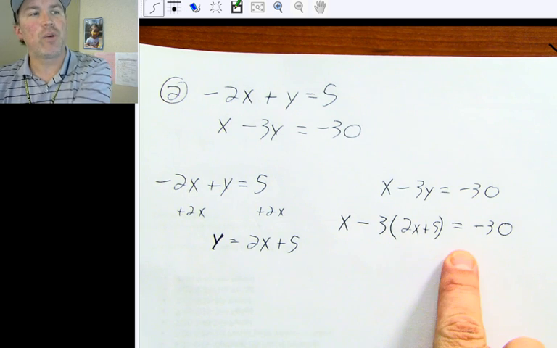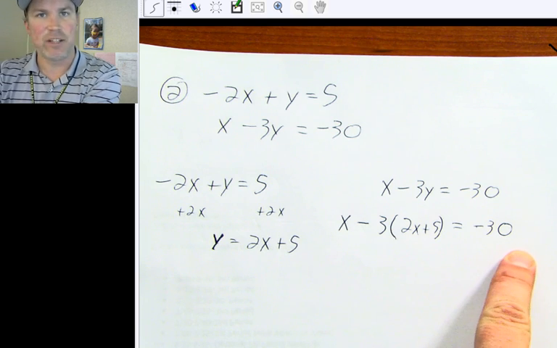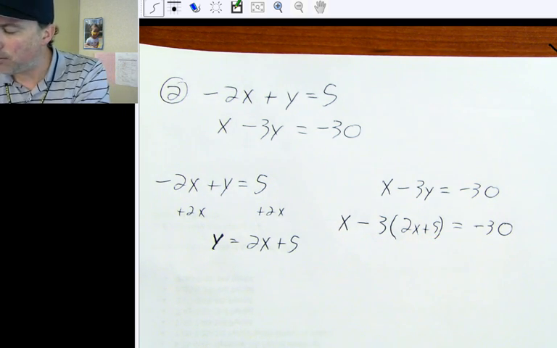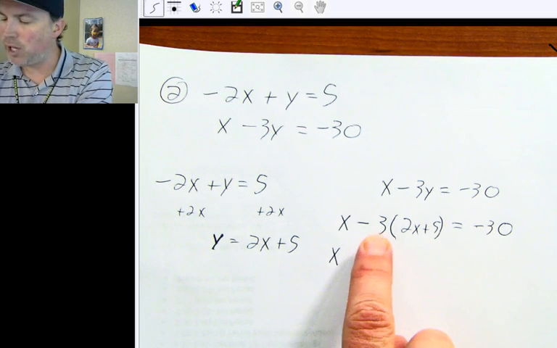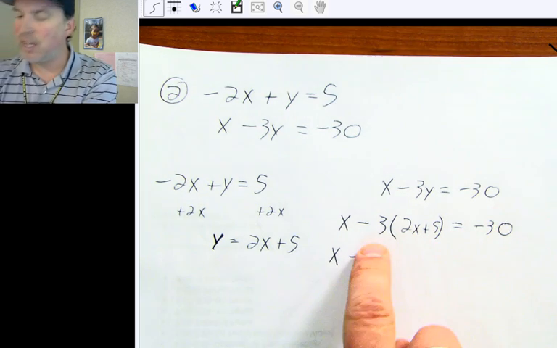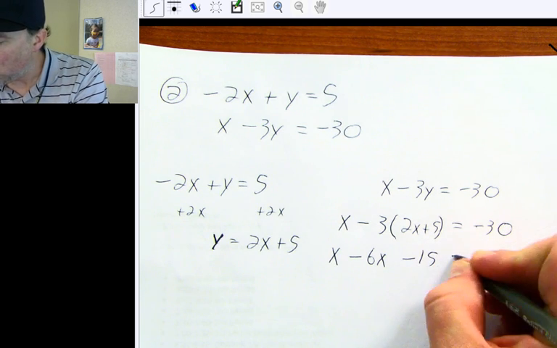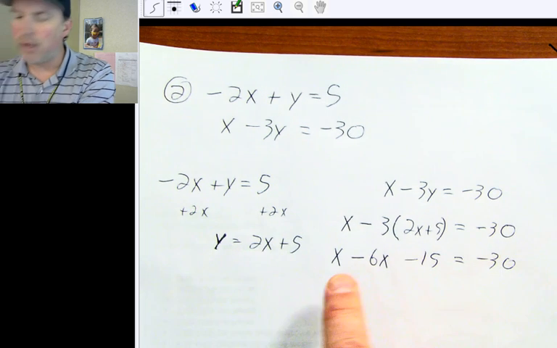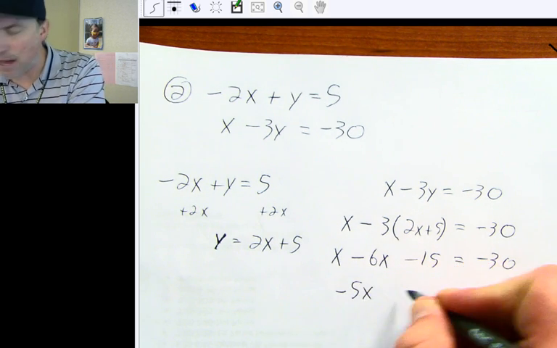Alright, now we have an equation that's nothing but x's and numbers. So let's go ahead and solve this equation out. I first distribute my negative 3 here. Negative 3 times 2x is negative 6x, and negative 3 times positive 5 is negative 15, equals negative 30. x minus 6x is equal to negative 5x.